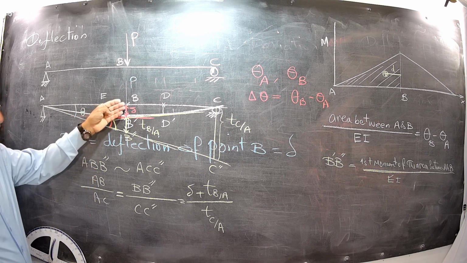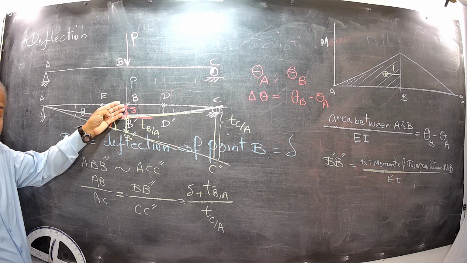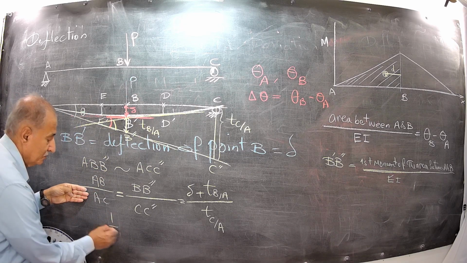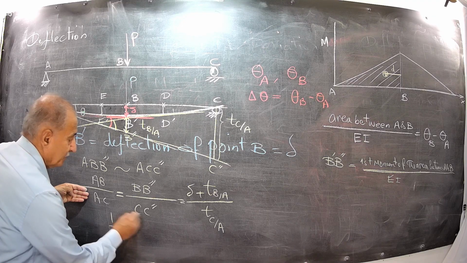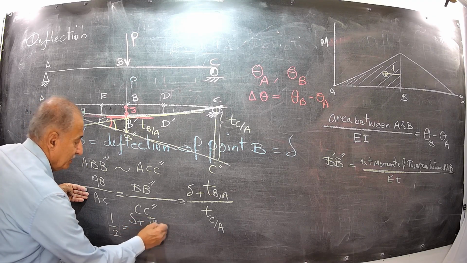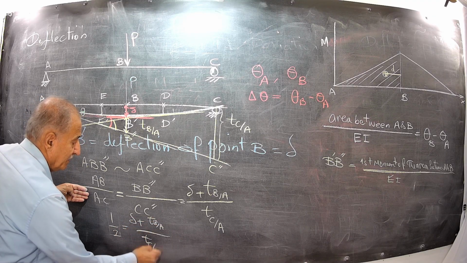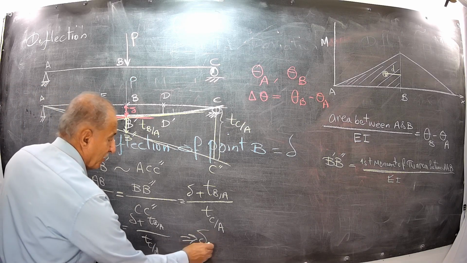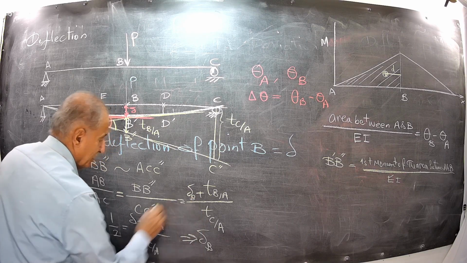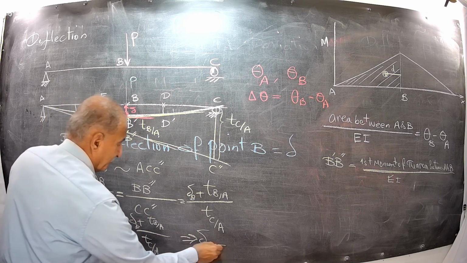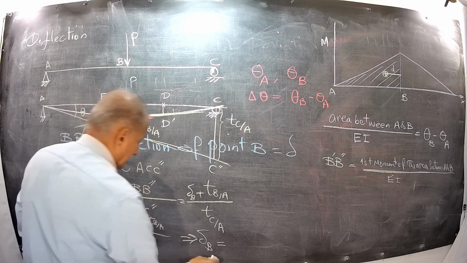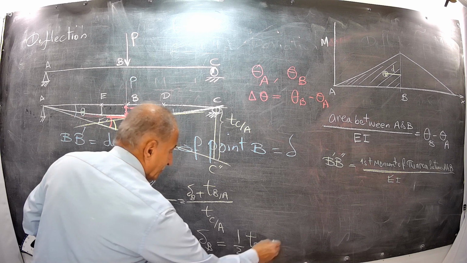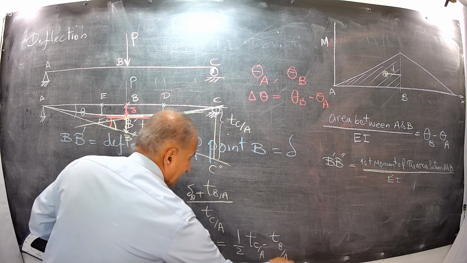Then, I know this ratio. I know where the location of B is. Here, for example, it is in the middle. Then AB over AC is 1 over 2, which is equal to delta plus TBA divided by TCA. It means that delta of B, the deflection of B, is equal to half of TCA minus TBA.